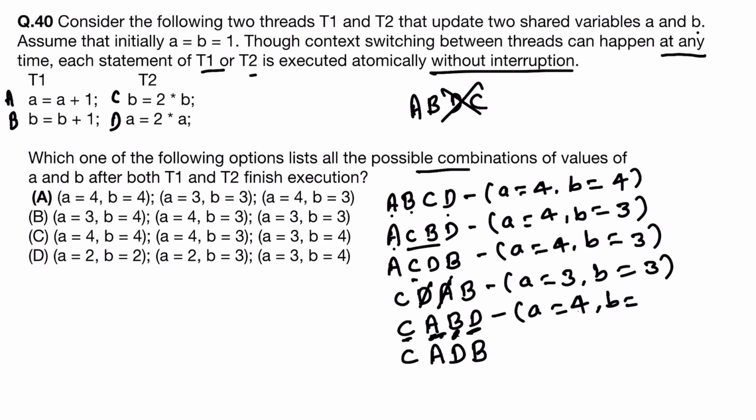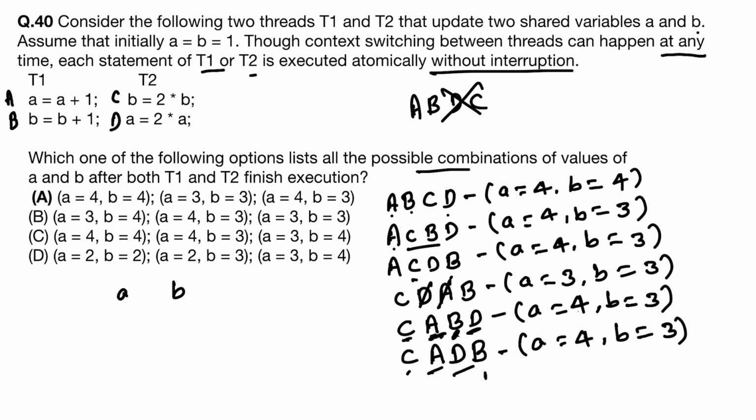So B will be 3. Here, what is the order of A and D? A before D, so A will be 4 and B will be C, then B, 2 plus 1, 3.